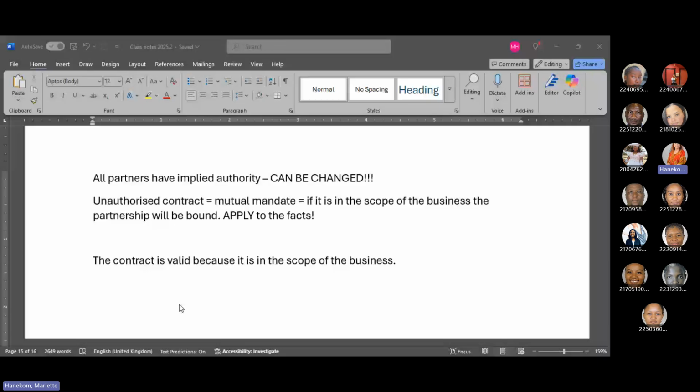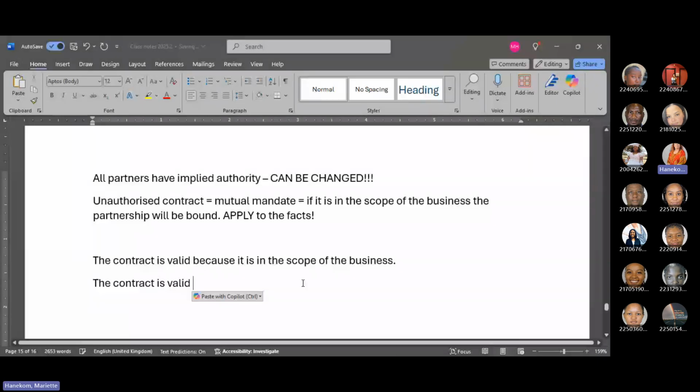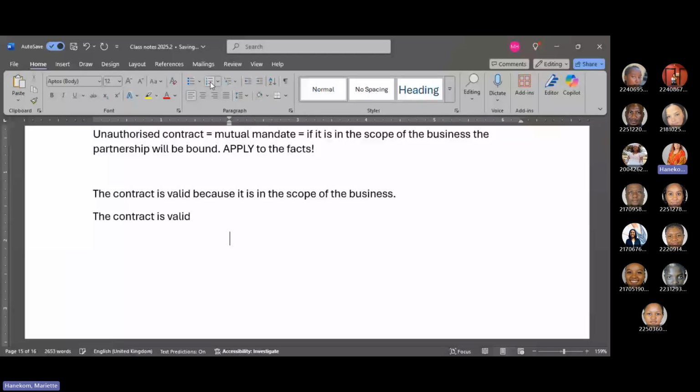Come, somebody, why is that a nonsense sentence? Silence. Let's break it up. Contract is valid. You don't have to discuss this in detail, but why is this doing this now?